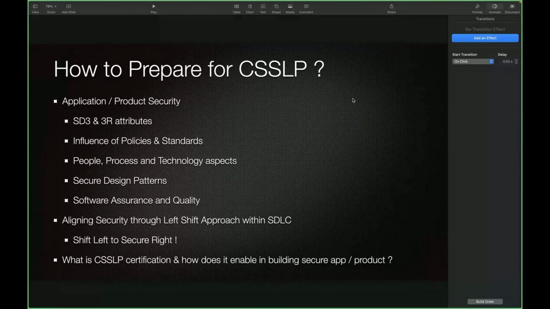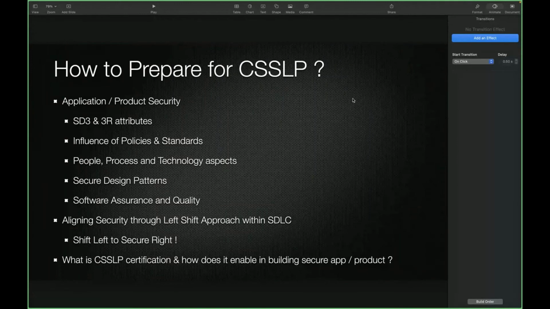Alongside that, we have some action-based security concepts like authentication, authorization, and accounting or auditability, right?